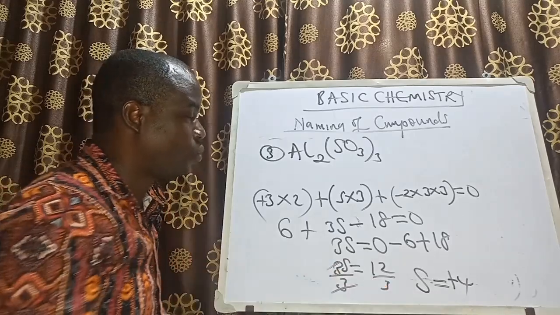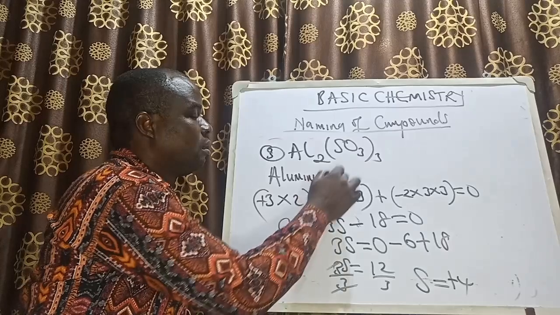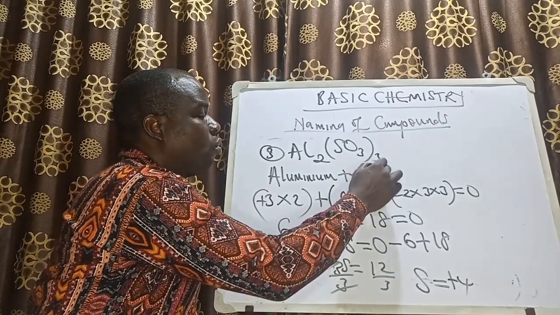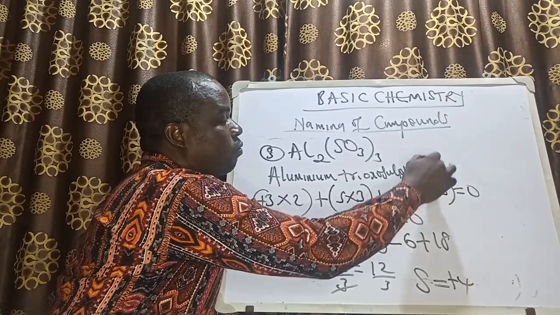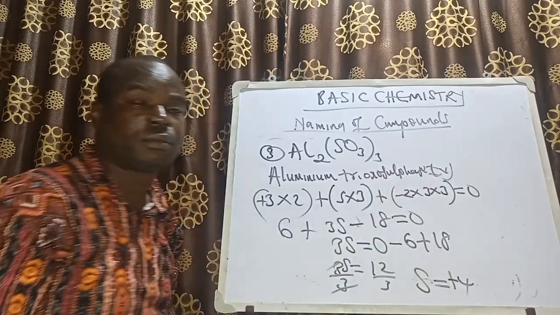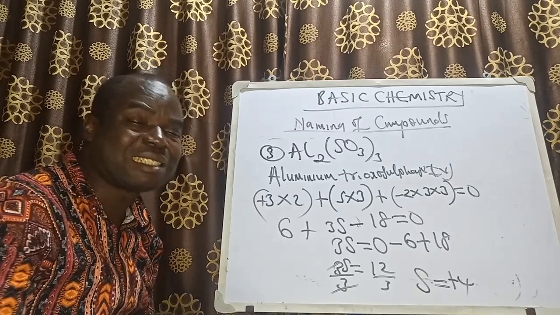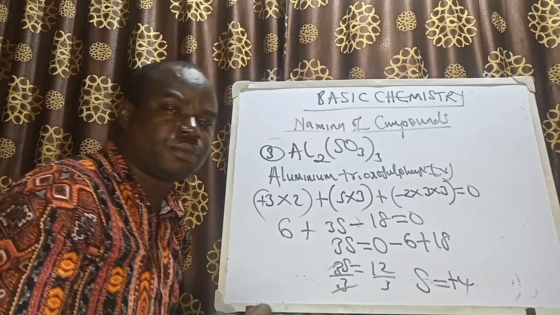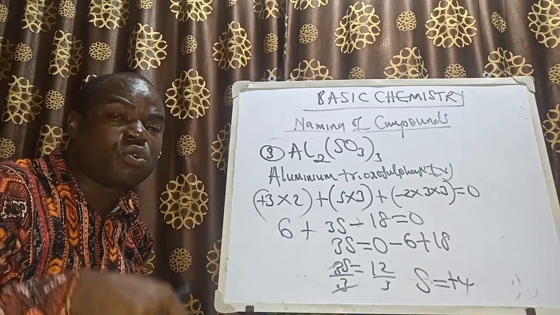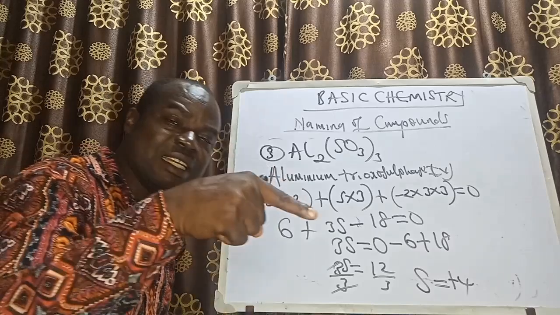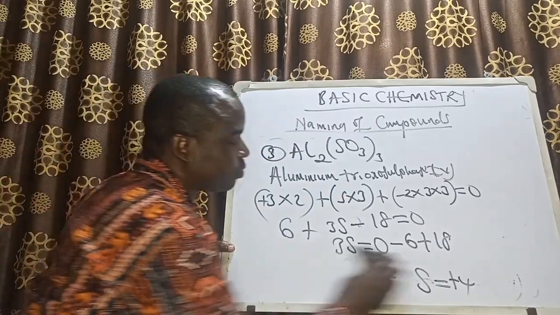So we have aluminium trioxosulfate 4. All right? So that's how to name a compound. Solve for the oxidation state of the element in the middle.